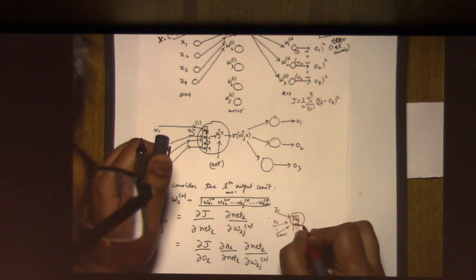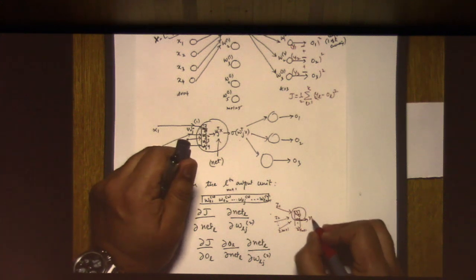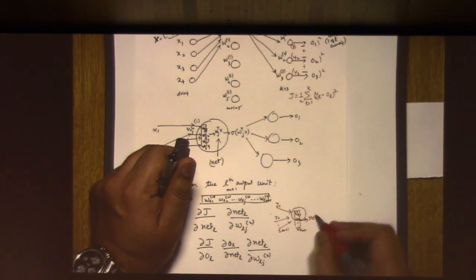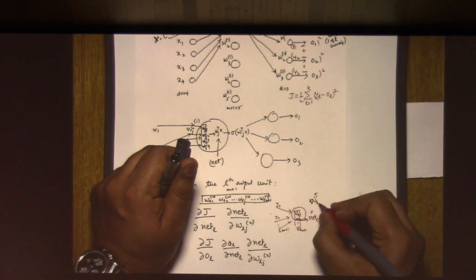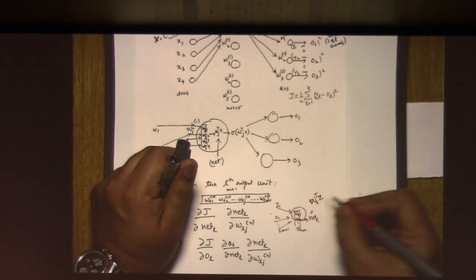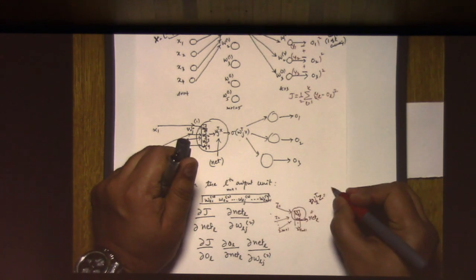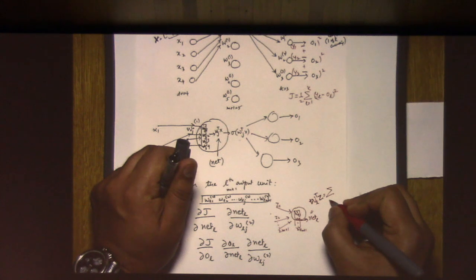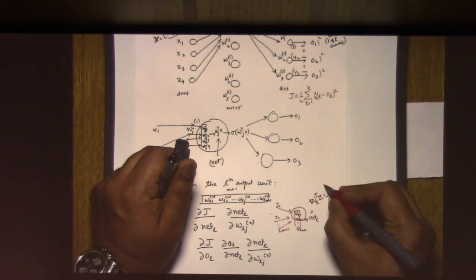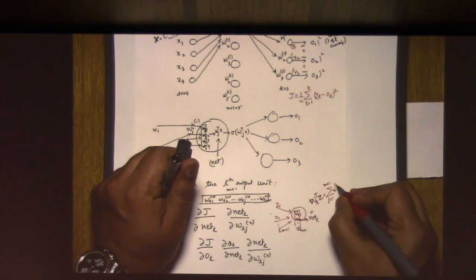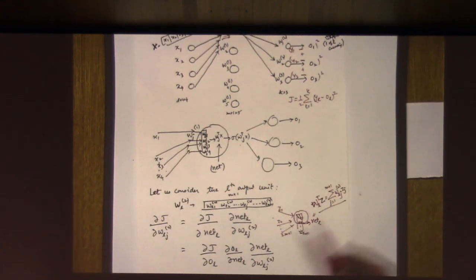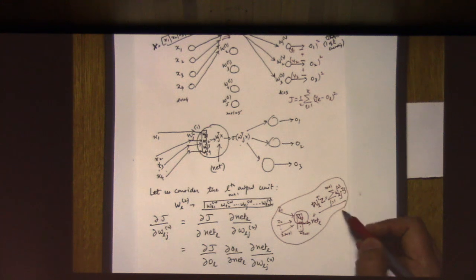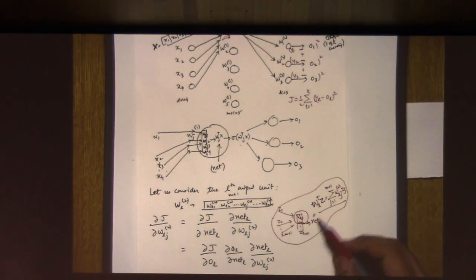That dot product we call net of L. Net of L is essentially W_L transpose Z vector, whatever Z is coming in. This can also be written as the summation over j equal to 1 through m+1 of W_L of j times z of j. So this is essentially the dot product that is coming in at the Lth output unit. This is net of L.